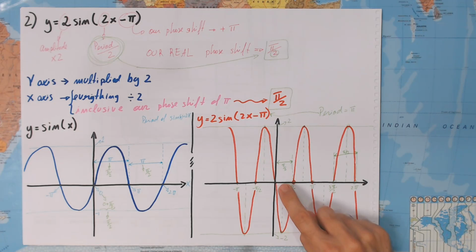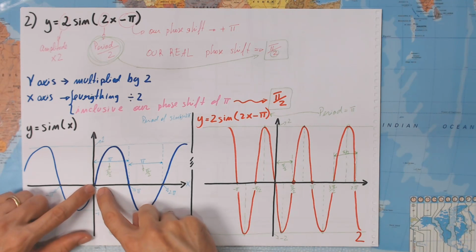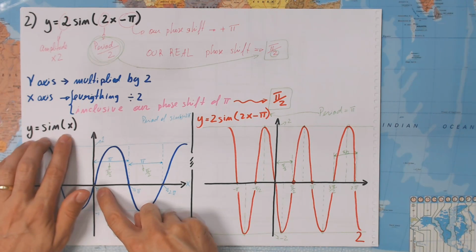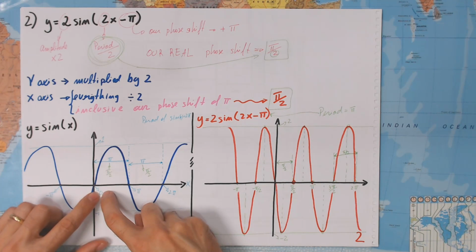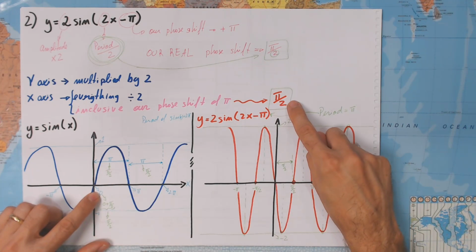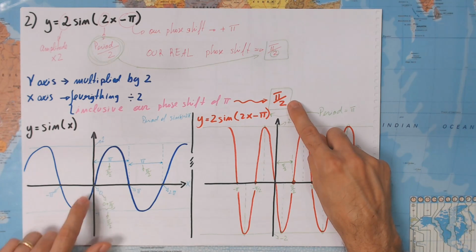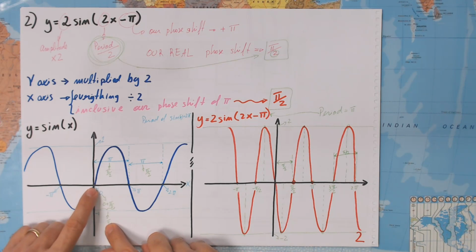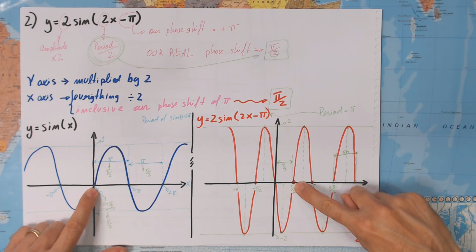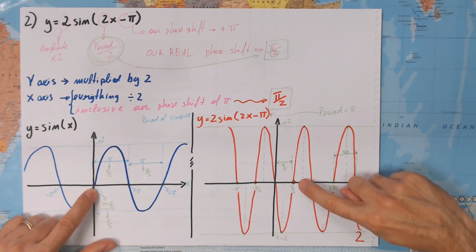Now next step, what should you do? Let's start with the 0. Here at the 0, let's start with our basic function. If this is 0, but we're going to shift pi over 2, let's shift that point to the right, and it's going to become pi over 2. So that point is going to be that point. You see, pi over 2.